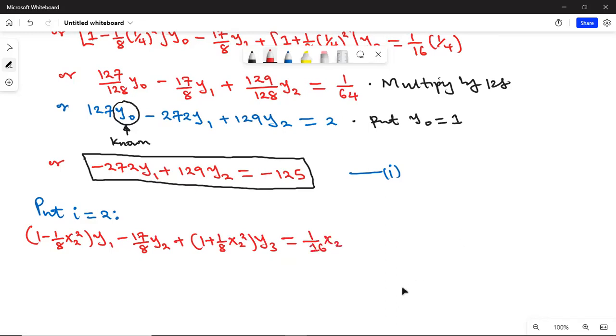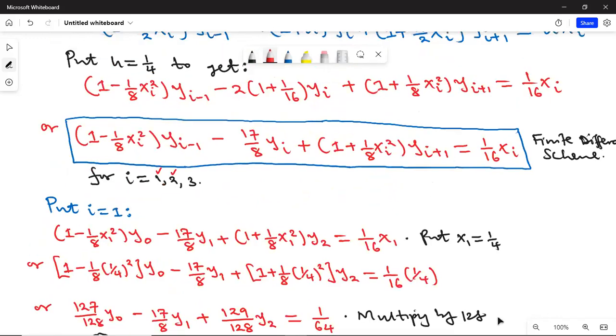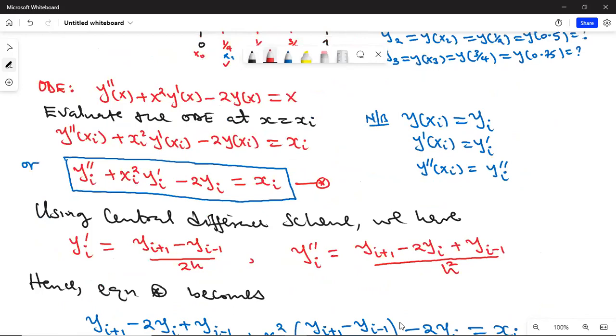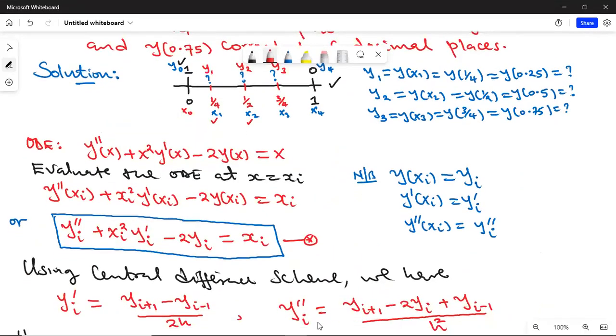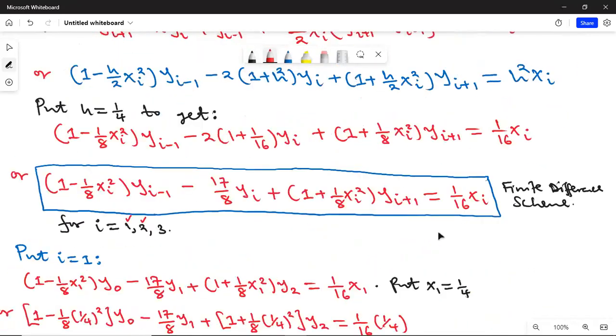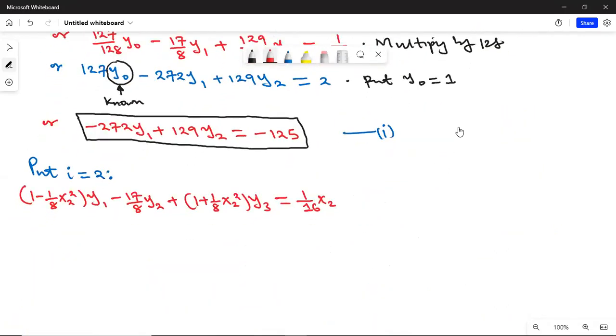We know the value of x2, so we can replace it. Our x2 is 1 over 2. Let me take you back to where we defined it. This is our x2, which is 1 over 2. So in place of x2, I'm going to write 1 over 2. So you write here, put x2 equals 1 over 2.